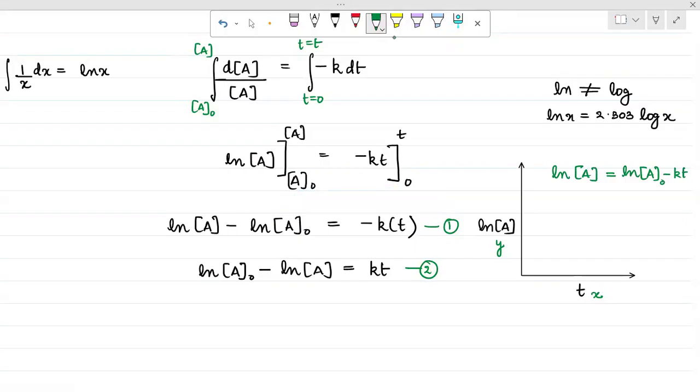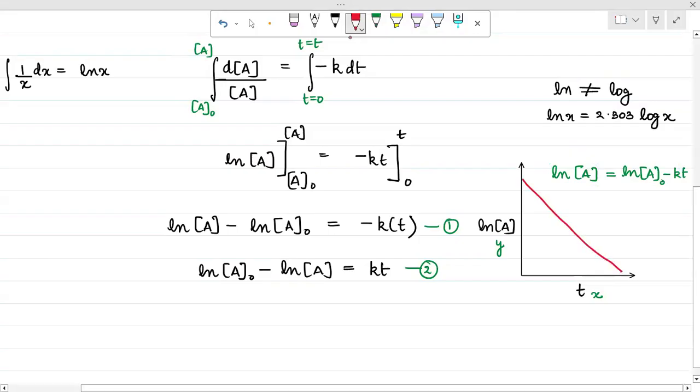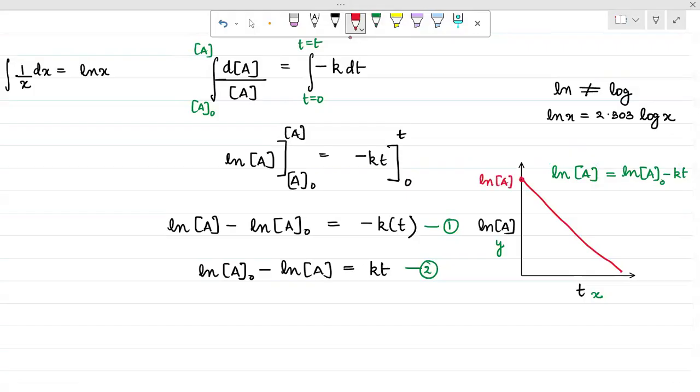So I get a graph where my y-axis is ln A, my x-axis is t, and I have got a negative slope, and my intercept is ln A0, which is positive. How will my graph look? It will be like this. Correct? So it will start with ln A0 and has a slope of minus k.